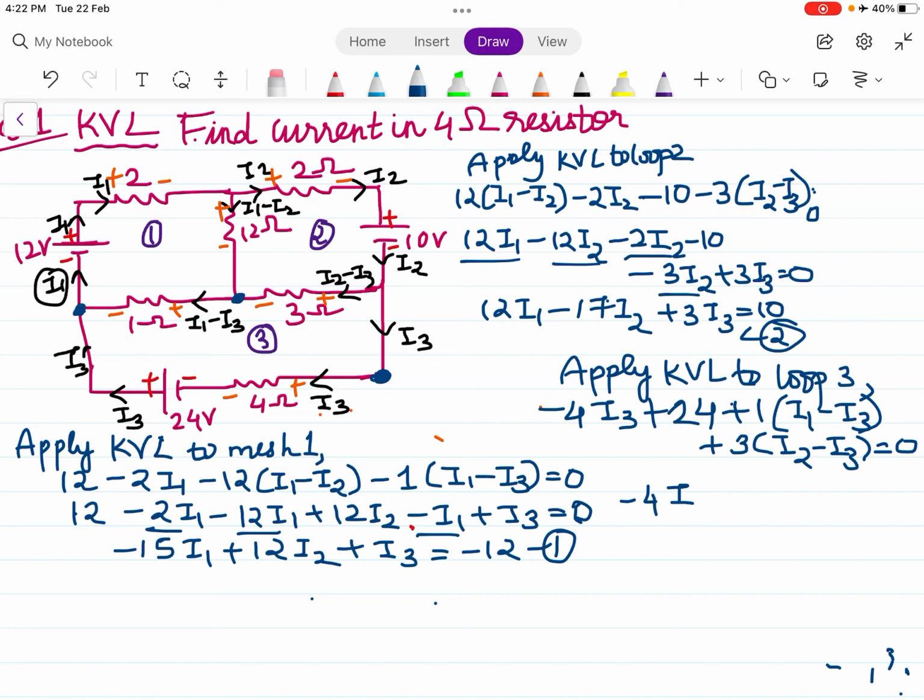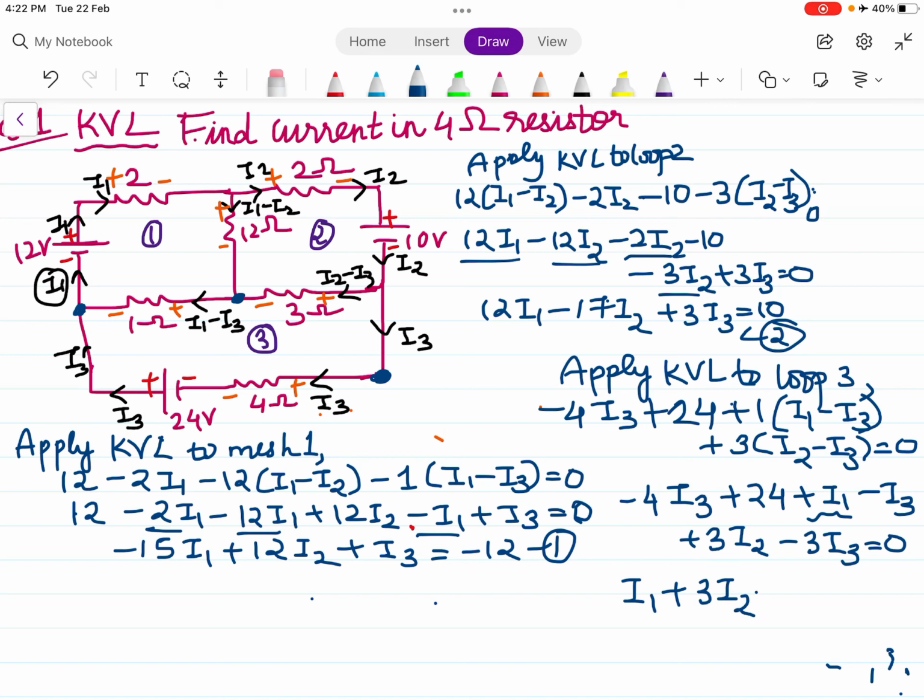Minus 4 I3 plus 24 plus I1 minus I3 plus 3 I2 minus 3 I3 equal to 0. So I1 plus 3 I2 minus 8 I3 equal to minus 24, equation number 3.